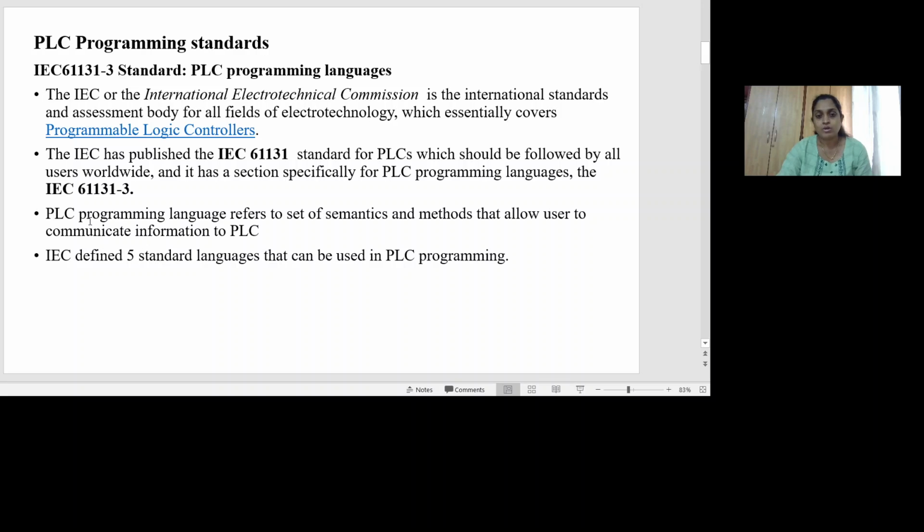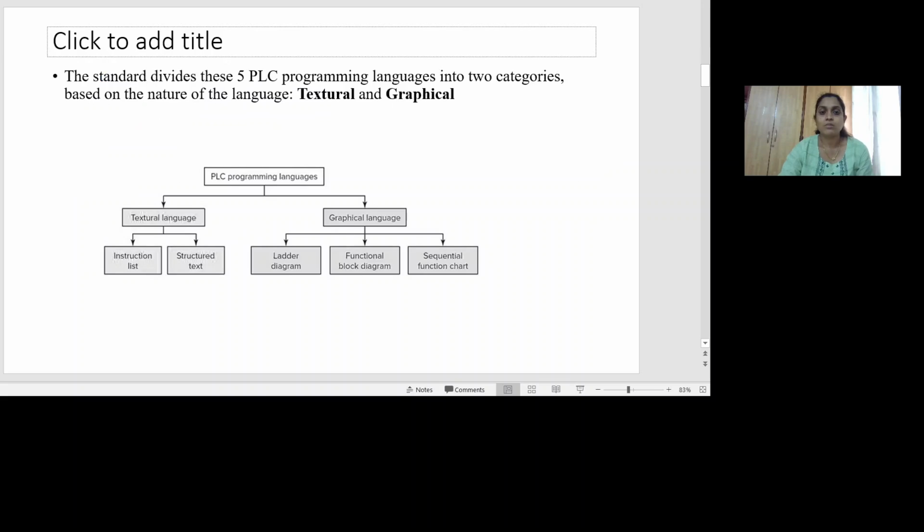So a PLC programming language is the one which allows the user to communicate information to the PLCs. And this IEC body has defined five standard languages that can be used when doing PLC programming.